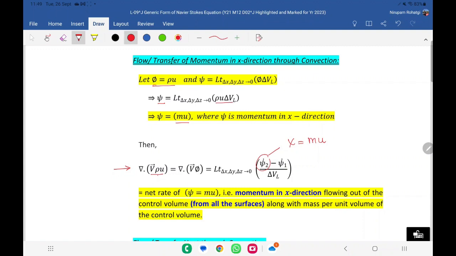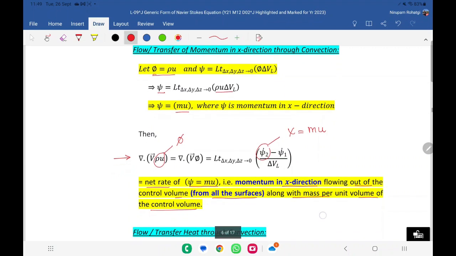Psi is equal to this much. This is phi, so this is equal to psi. Now what does this equation represent? Net rate of momentum in x direction flowing out of the control volume from all the surfaces along with mass per unit volume of the control volume.